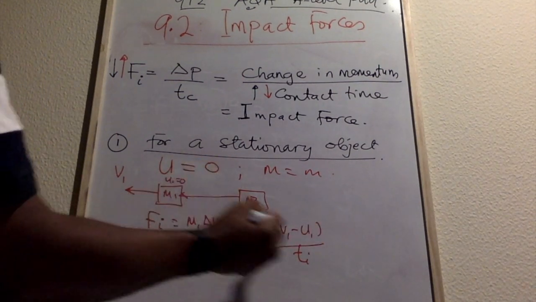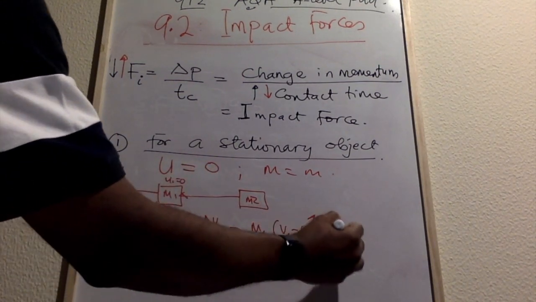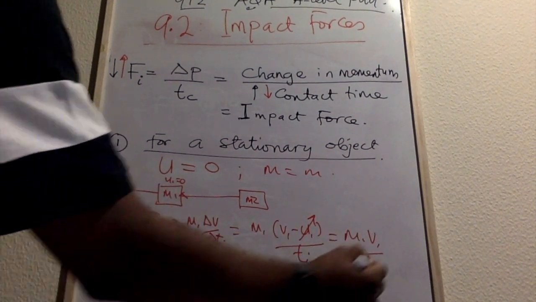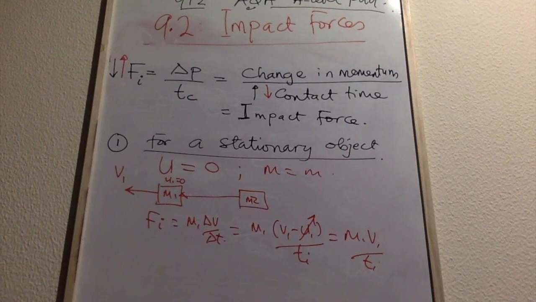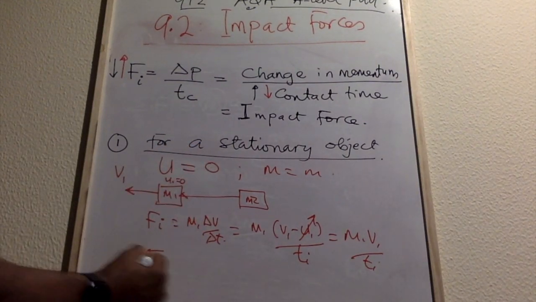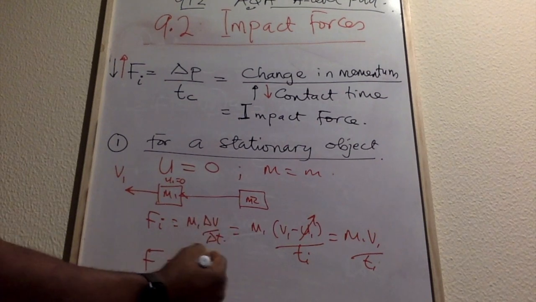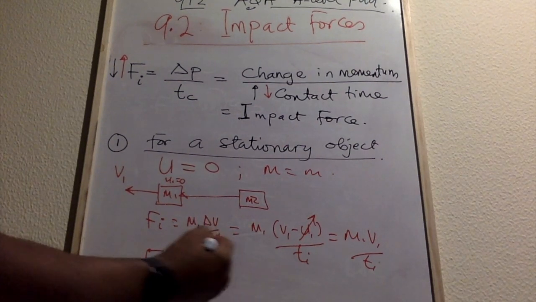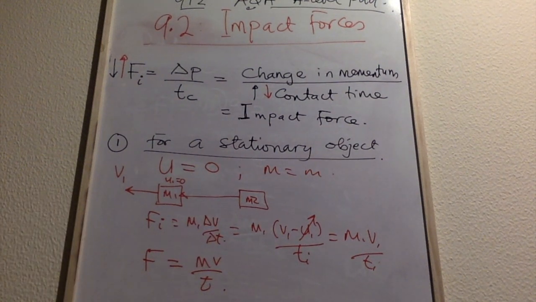Because our u is 0, this becomes m1 v1 over t of impact. Generally speaking, for a stationary object, the force is equal to mv over t.